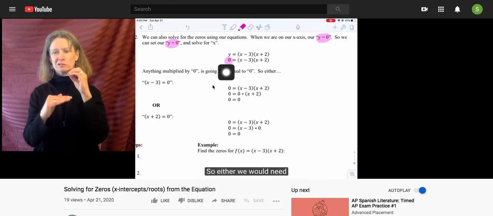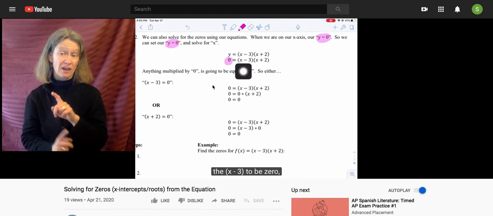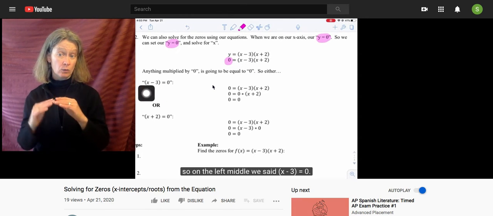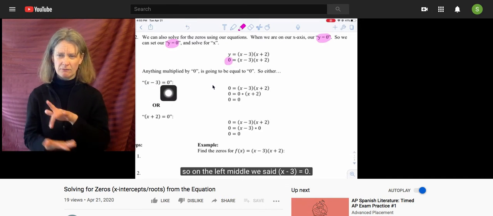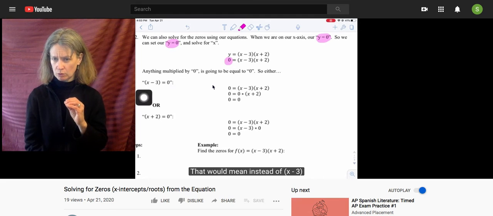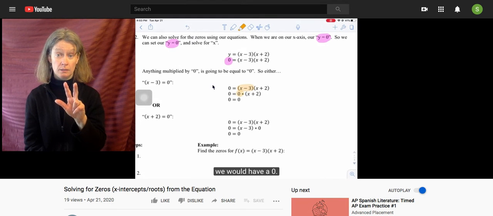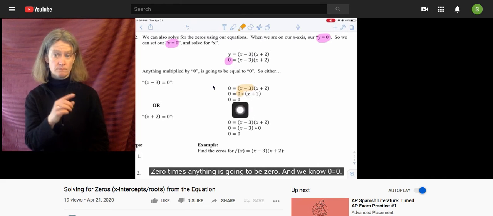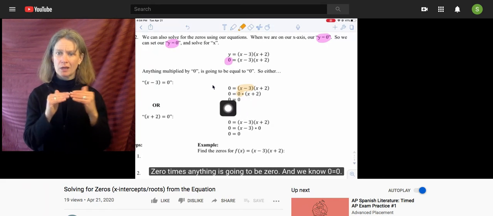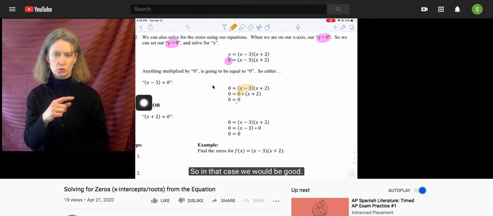So either we would need the x minus 3 to be 0. So on the left middle, we said x minus 3 equals 0. That would mean instead of x minus 3, we would have a 0. 0 times anything is going to be 0, and we know 0 equals 0. So in that case, we would be good.